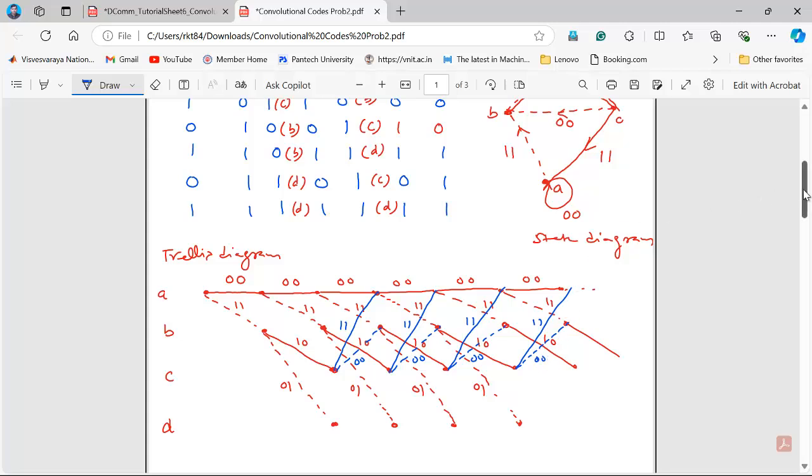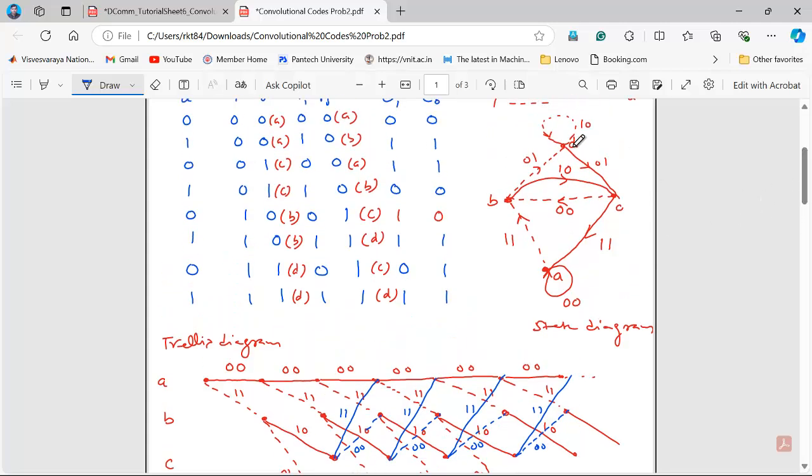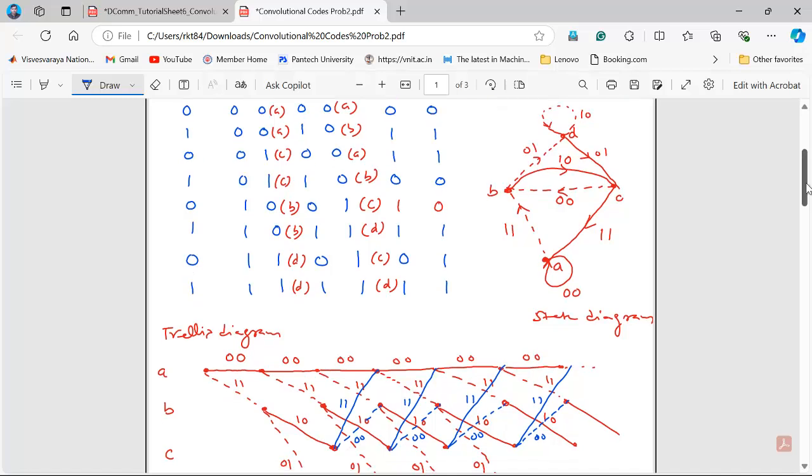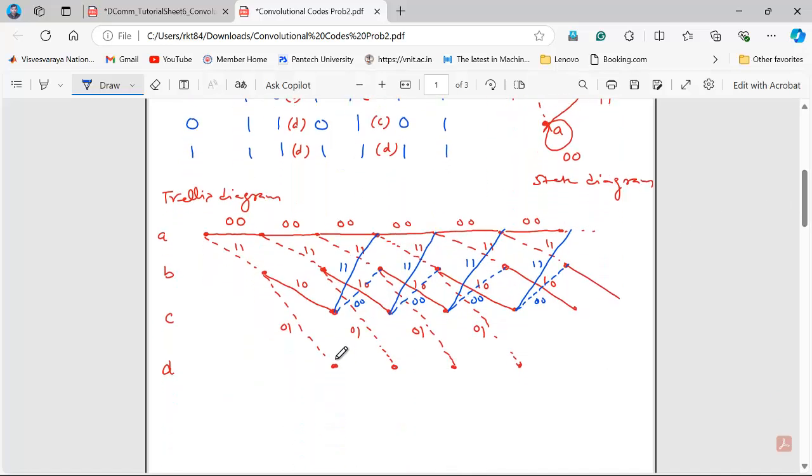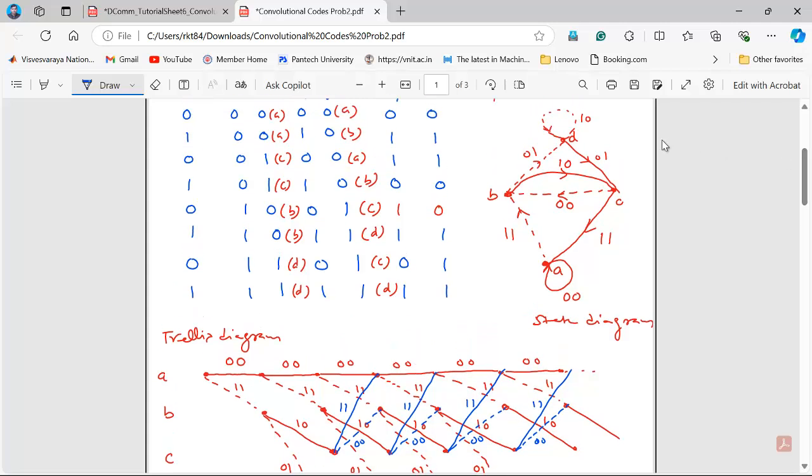The last one is D. You are going from D to D, and the other is D to C. D to C is solid, with value 0, 1.